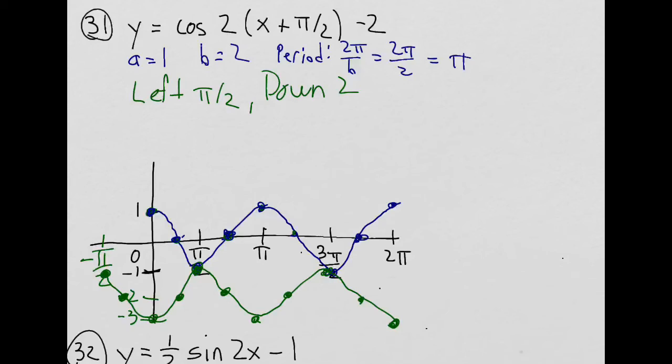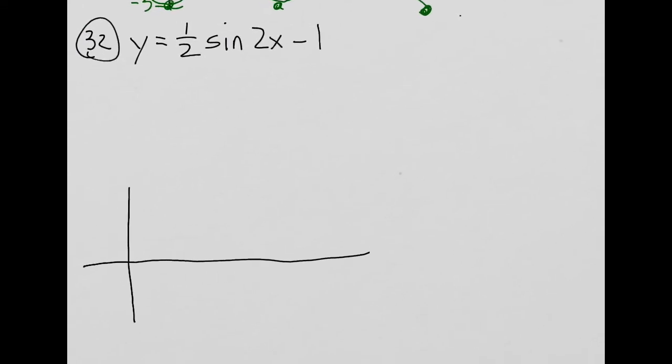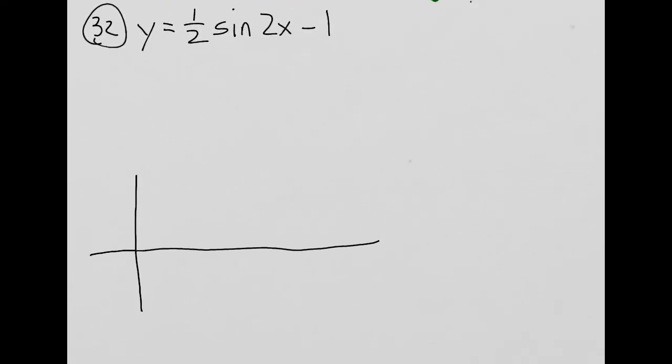Okay. Let's do one more example. So number 32 right here. So for this one, just quickly, let's see, A is 1/2. B is 2, which again means my period is same as before, I'm sorry, pi.